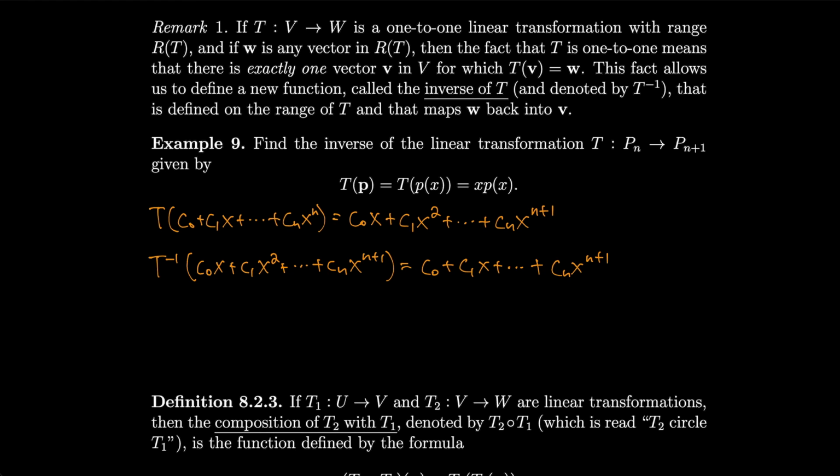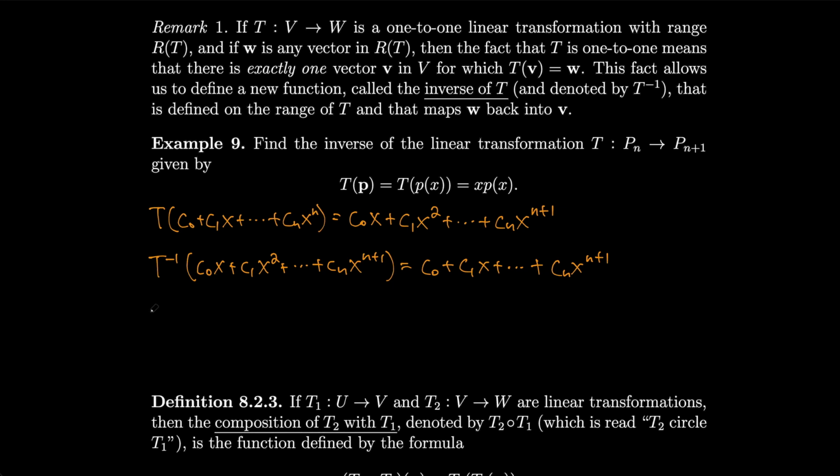Remember that this inverse transformation is only defined on the range of the original transformation. So we can only insert vectors over here that we could possibly have gotten out of the original transformation. So we wouldn't be able to put this vector back into the inverse.